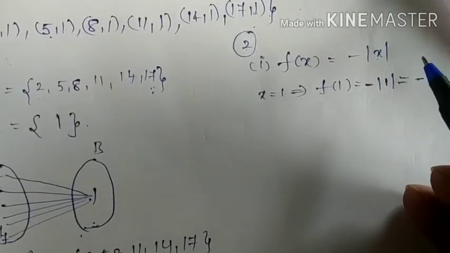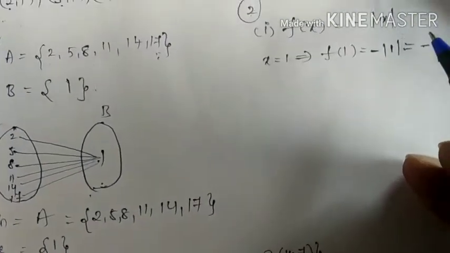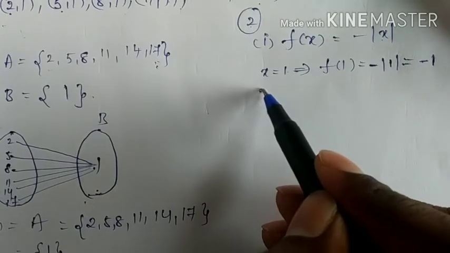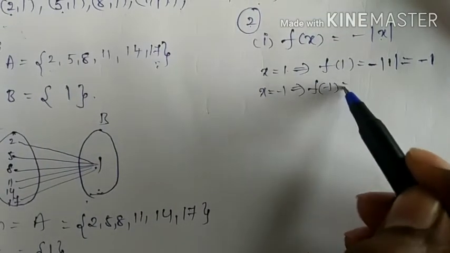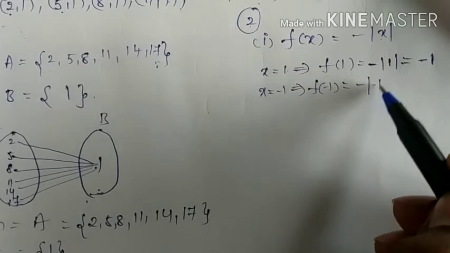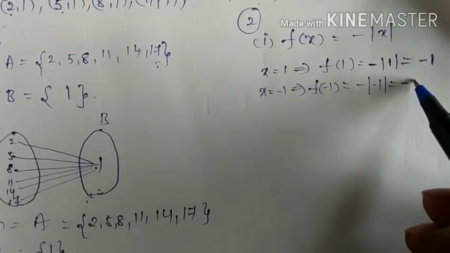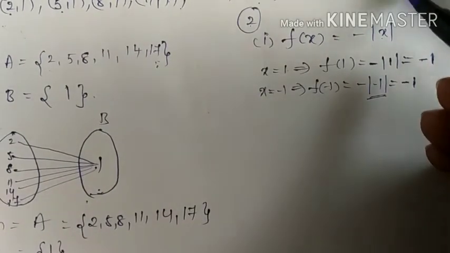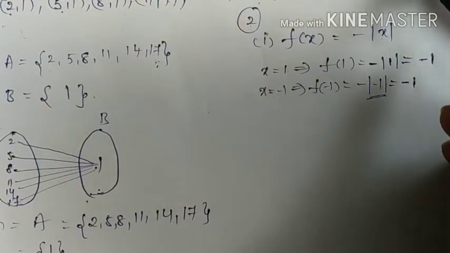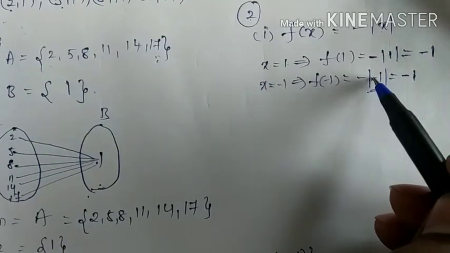Next, if I consider x equals minus 1, then f of minus 1 equals minus modulus of minus 1. So here it is minus 1 again, because modulus of x always gives only a positive value. The modulus of minus 1 is 1, and again there is a minus, so it is minus 1.